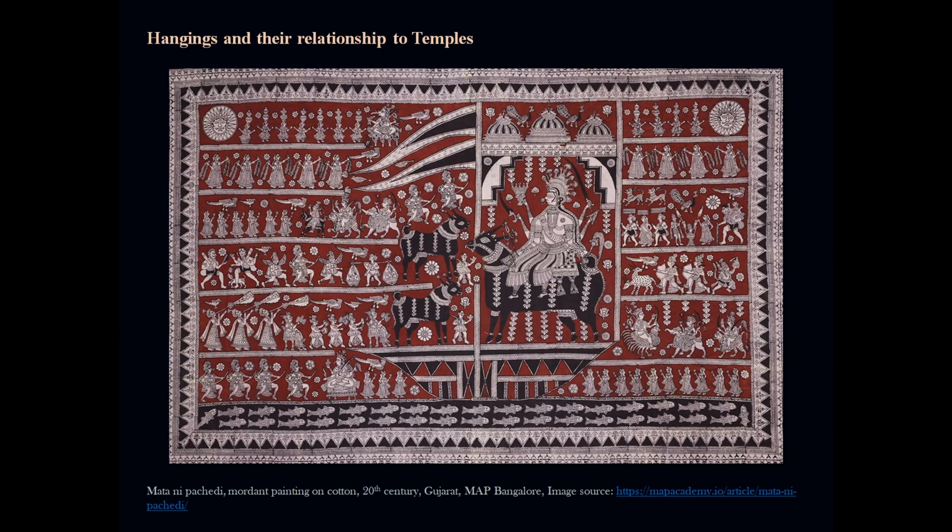This black and red is the combination primarily used in making Matani Pachedi. We see this in the temple hangings, in which there is a prominent figure of the great goddess, usually seen somewhere around the center.